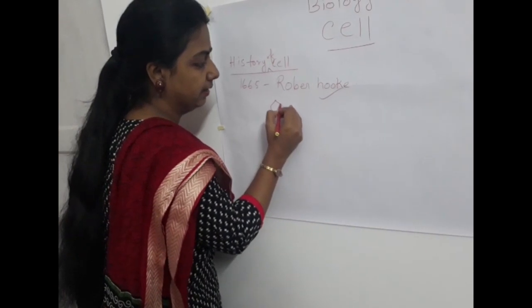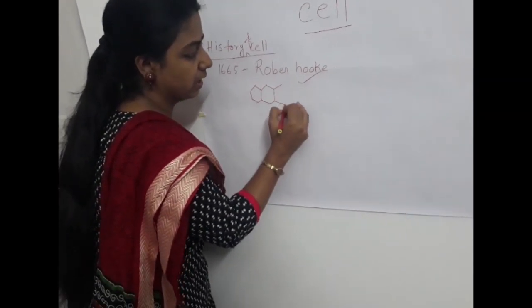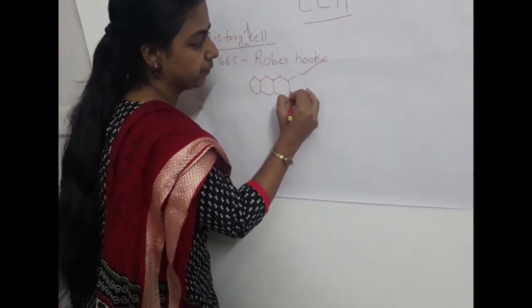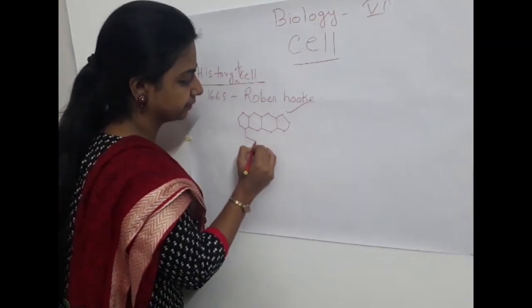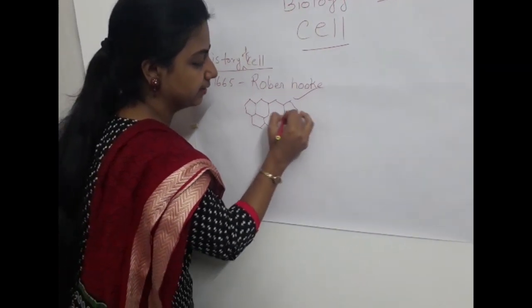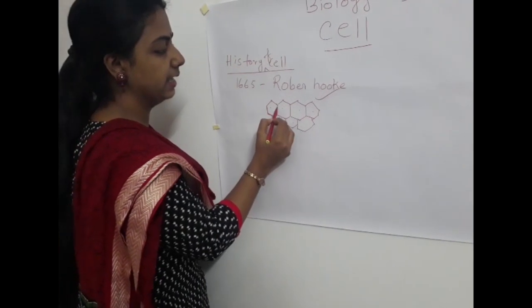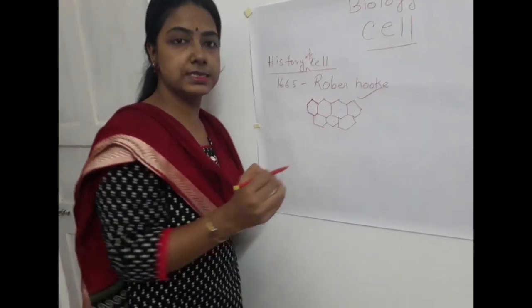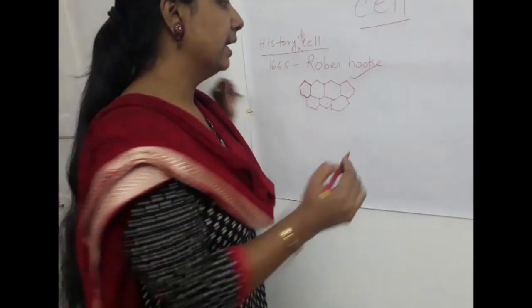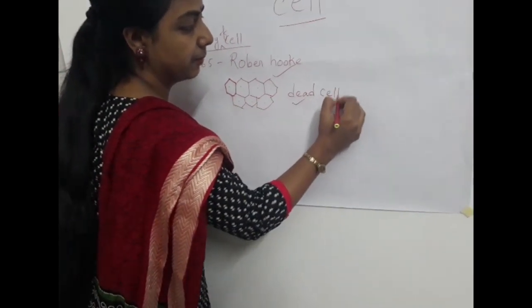He saw a honeycomb-like structure, hexagonal-shaped. He saw only the cell wall, because this is a wood cell and this is a dead cell.